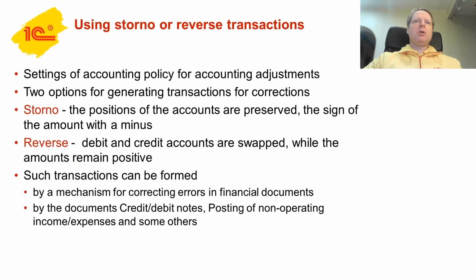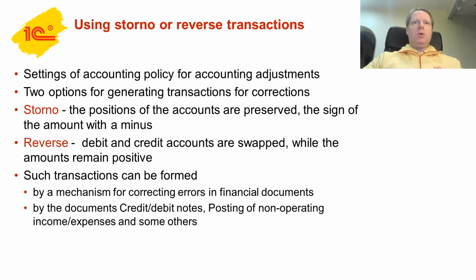The next new option of the accounting policy is the setting of how to make an adjustment or correction in the ledger entries. There are two options for generating the transaction. Storno: the positions of the accounts are preserved as they were in the original entries, and the sign of the amount will be a minus.